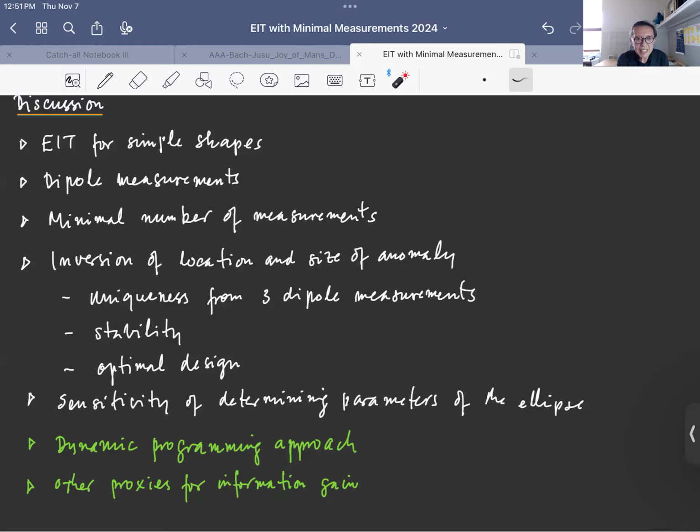In electrical impedance, I think the situation is a little bit more complicated, and I don't see an easy way to do that, because one of the things that we exploited heavily in our work is how easy it is to write the background solution. I don't know of a background solution that I can write down that involves very simple measurements on the boundary. I see. Okay, thanks. Very nice. Thanks.